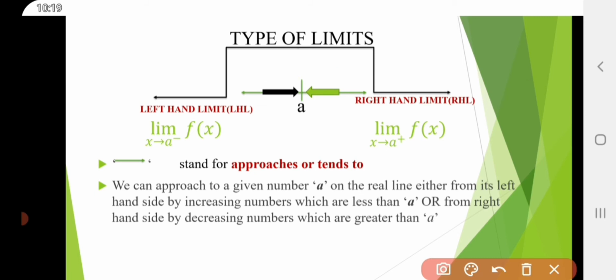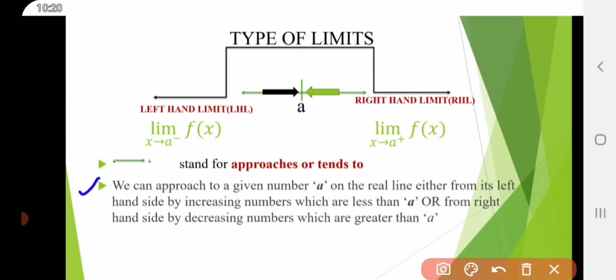And left hand limit is denoted by limit of f of x when x tends to a minus. Here, limit of f of x when x tends to a plus is from right hand side. So this stands for approaches or tends to.